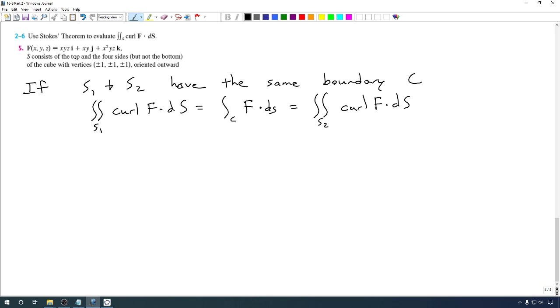The surface that involves the other sides of the cube is going to be S. But if I look only at that last face of our cube, I'm going to call that S1, just to be different from S. And we're still going to go ahead and integrate that curl. Now, we are going to have to figure out what that curl is.